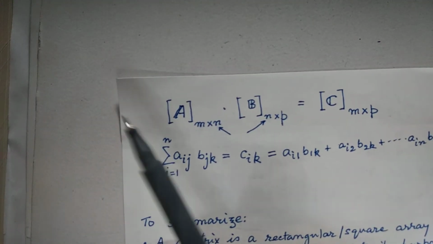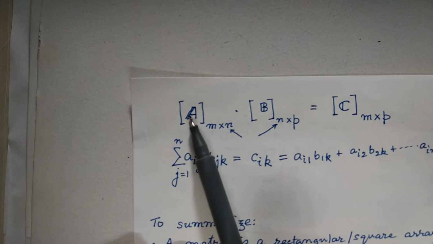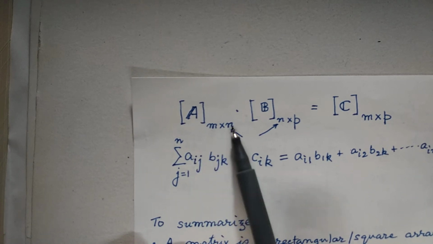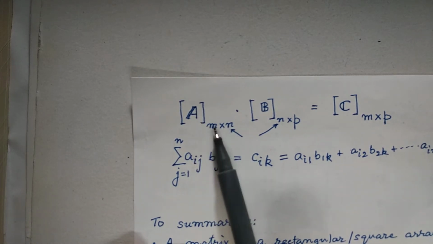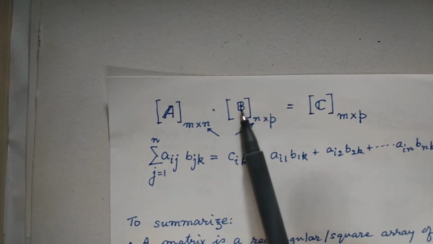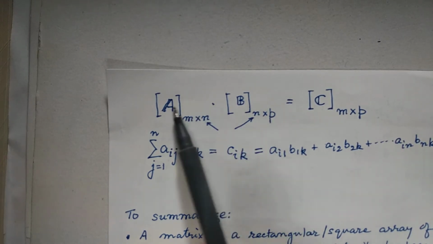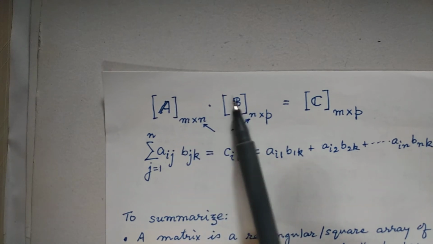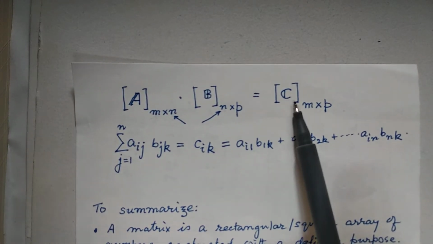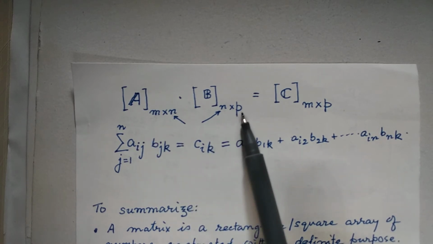If we have a matrix like this, bold A means matrix A. This is of size m by n. This has m rows and n columns. And suppose bold B is another matrix of size n by p. It has n rows and p columns. Then you can multiply these two matrices and you will get a new matrix C, which will be of m rows and p columns.